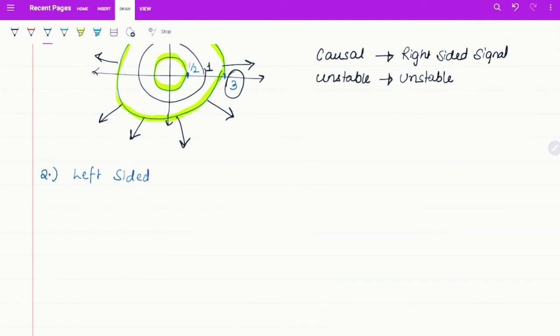So for left-sided, what will be x of n? x of n will be equal to 1 by 7 times 1 by 2 to the power n u of minus n minus 1, plus 6 by 7 times minus 3 to the power n u of minus n minus 1.